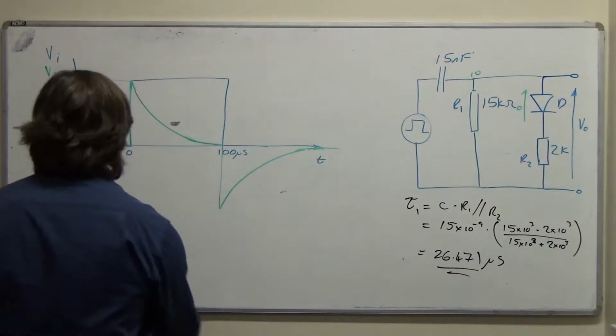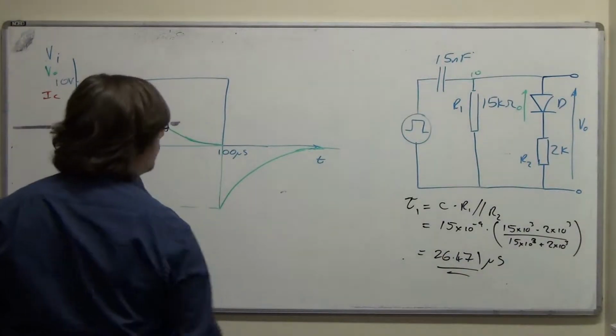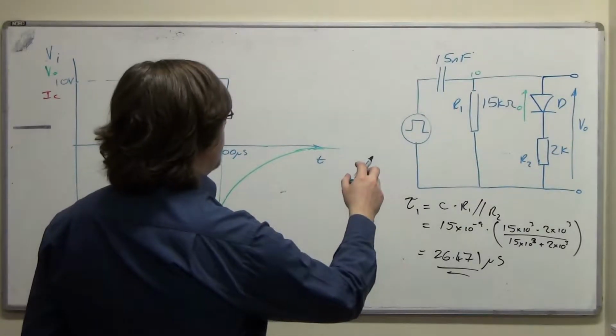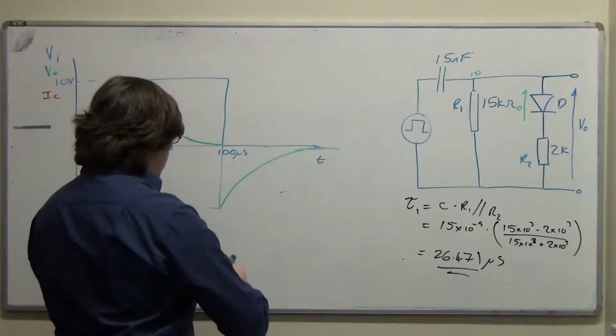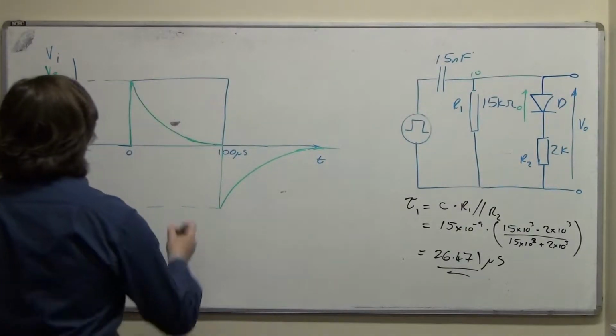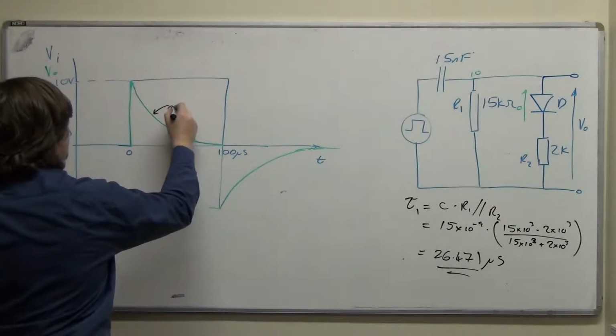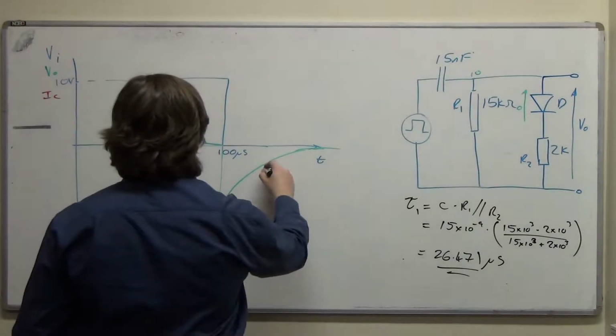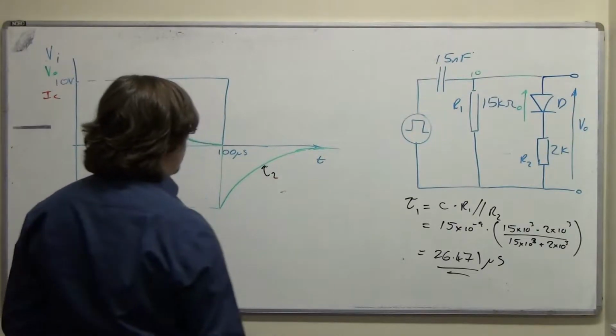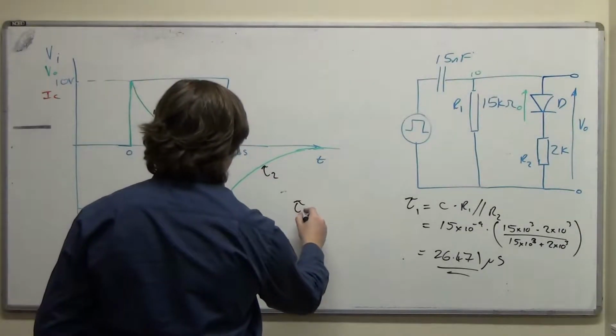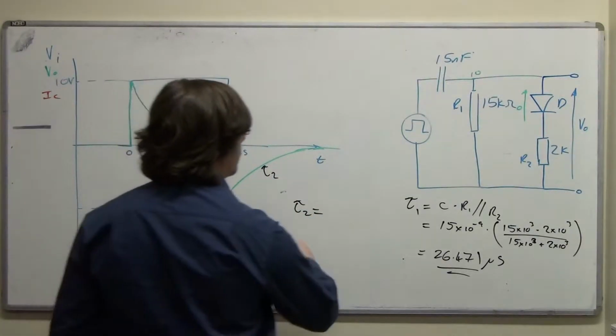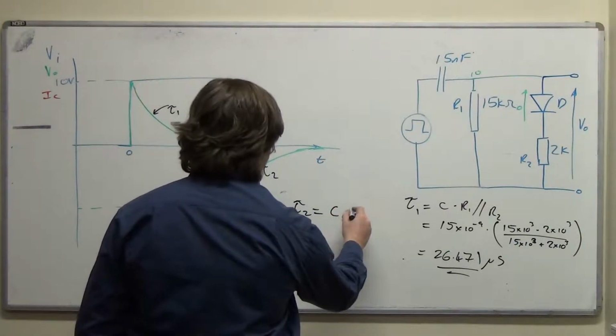And the time constant with which it does that, so this is T1, or tau 1, sorry, and this is tau 2, and tau 2 will be C times R1.